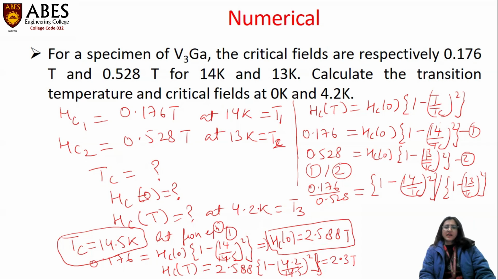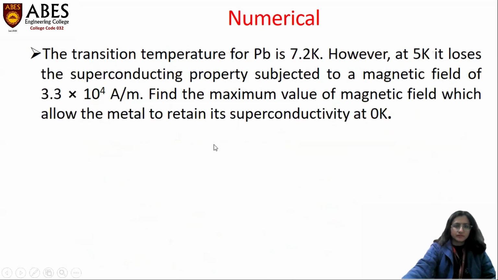You can see that as the temperature is reduced, the magnetic field is decreased. At 4.2 Kelvin the value is 2.3 Tesla, whereas HC0 was 2.58 Tesla. Right? Moving over to the next question.